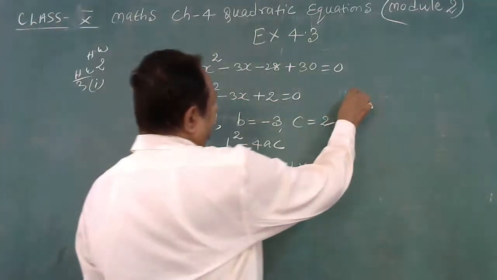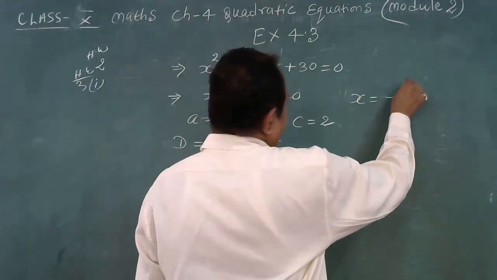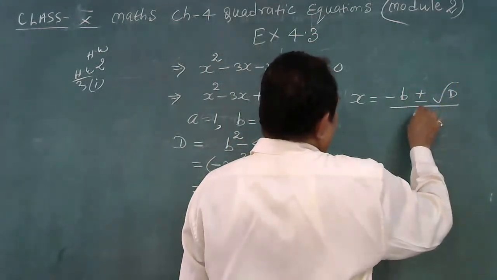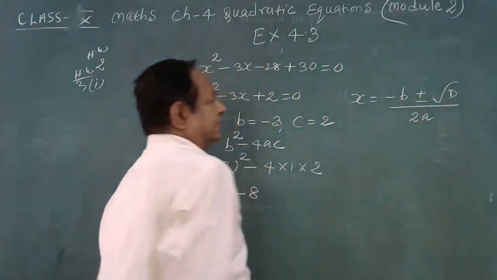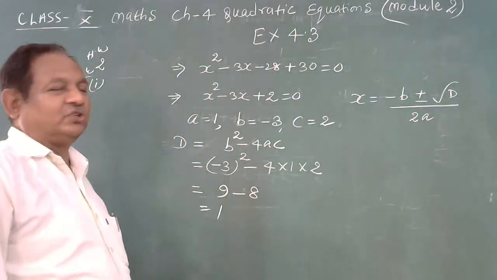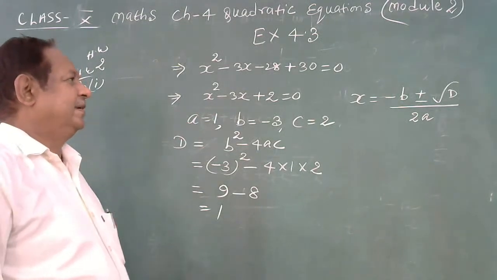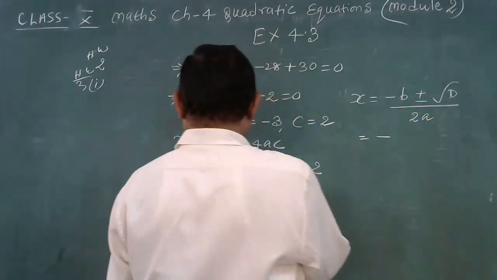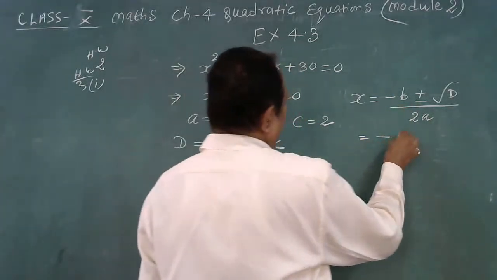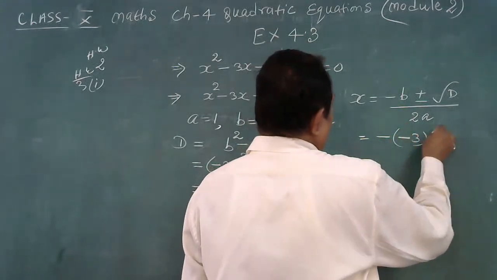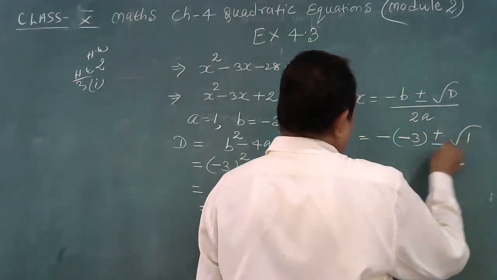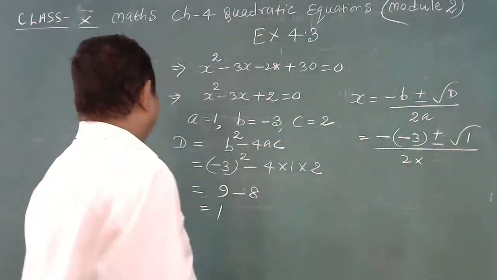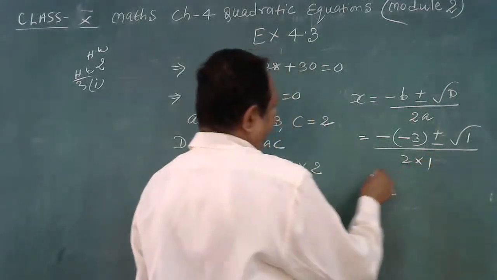Now remember, x is equal to minus b plus minus under root D by 2a, the formula for roots of a quadratic equation. Now putting the values, in place of b we put minus of minus 3, plus minus under root 1, by 2 into, in place of a, 1.